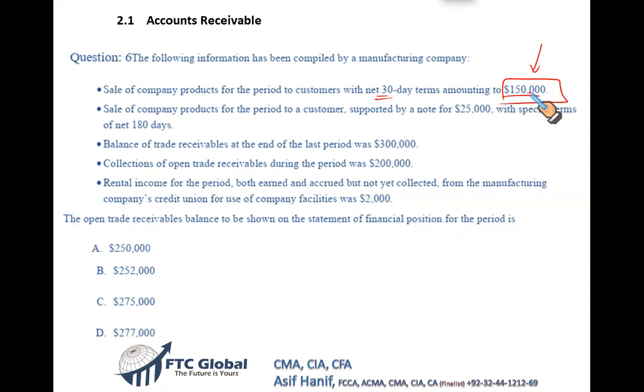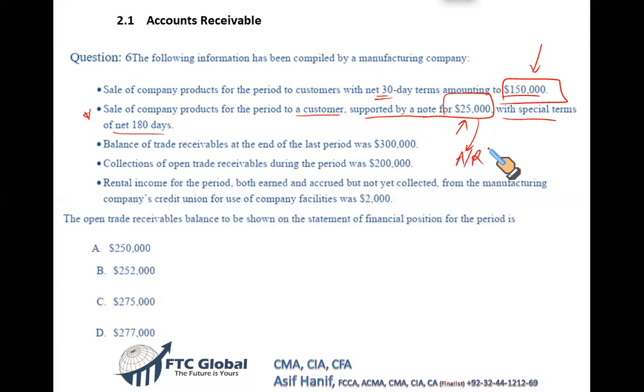Now, gentlemen, this is an important point. Sale of company products for the period to a customer supported by a note of $25,000 with special terms of net 180. We have given him a 180 credit days period, and this sale is supported by a note, which means he has given us this note, which means he is not our account receivable.